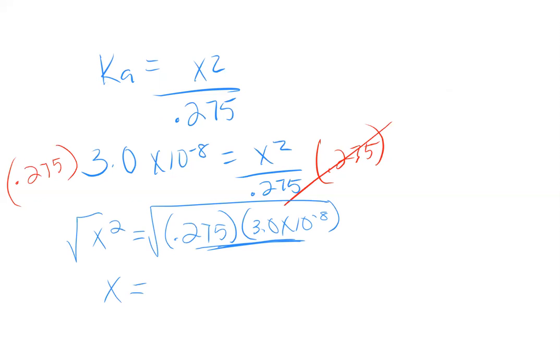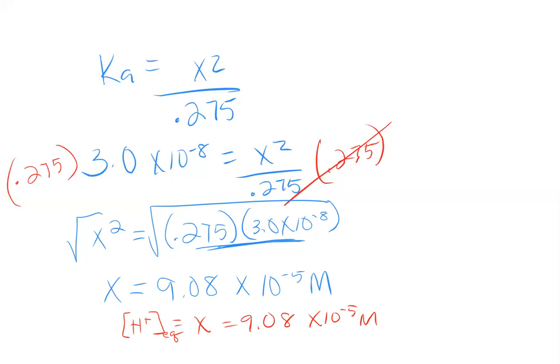So we're going to get X is equal to 9.08 times 10 to the negative 5 molarity. Remember that our H plus at equilibrium was equal to X. So the hydrogen ion concentration at equilibrium is equal to 9.08 times 10 to the negative 5 molarity.